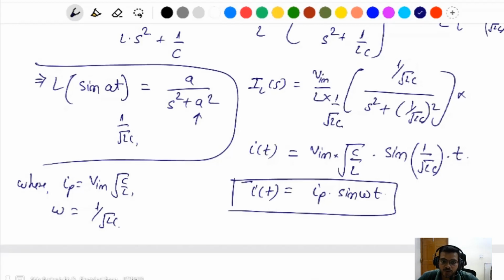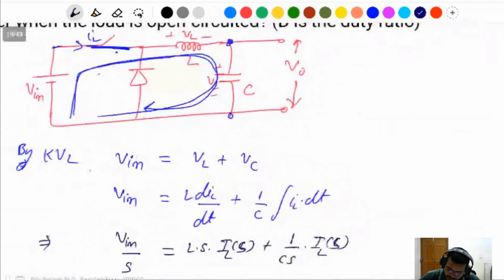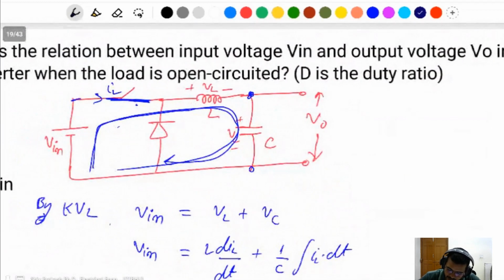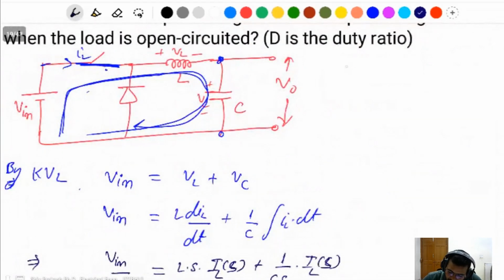It means the current will be sinusoidal. Here I write i(t) is equal to IP sin omega t. Then what is the inductor voltage?